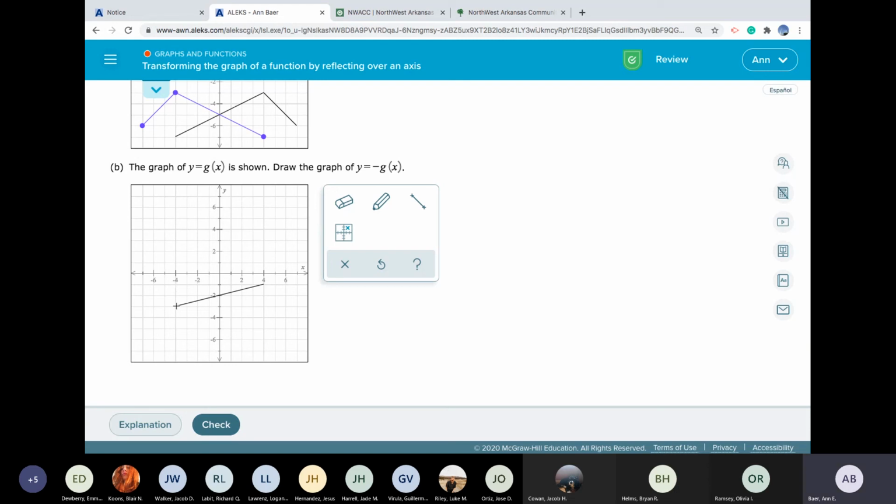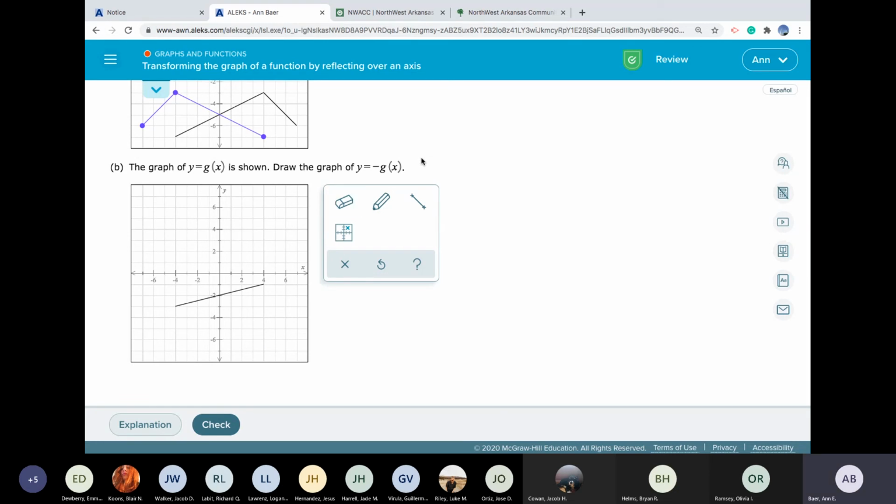Straight over on this point here, endpoint, straight over, get -3. -3. This endpoint, straight up, get 4. Straight over, get -1.